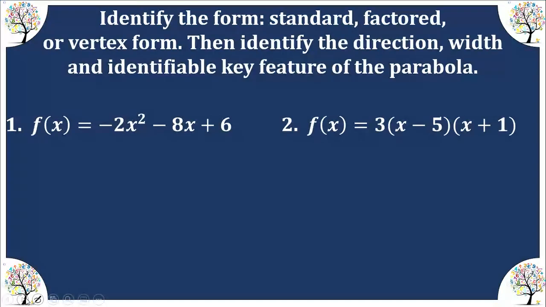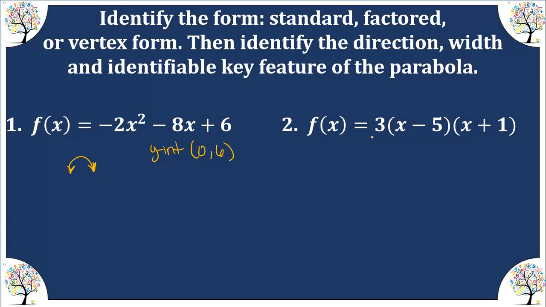So let's take a look at a few quadratic equations and determine the direction of the parabola and the key feature. So number one is in standard form, our parabola is turning down, and we know the y-intercept is 0, 6.